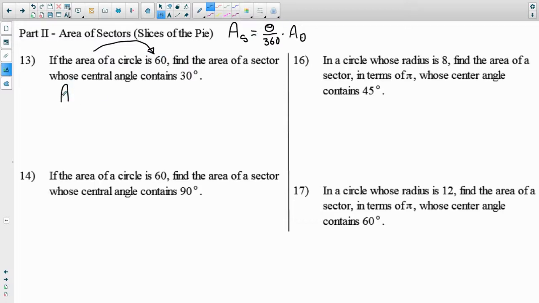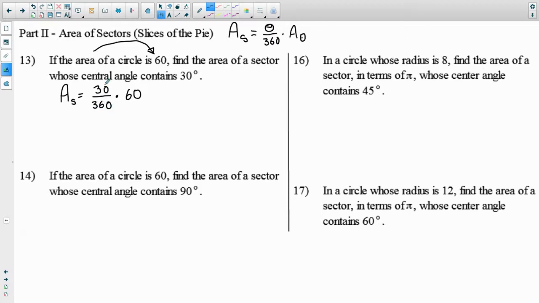The area of this sector will be equal to my central angle out of 360 times the area of the circle, which in this case is 60. Now, I could just put that in my calculator and get the answer without a problem. However, I want you to start getting used to identifying what part of the circle particular angles are. So a 30-degree central angle in a circle would mean, I'm going to simplify this right here.